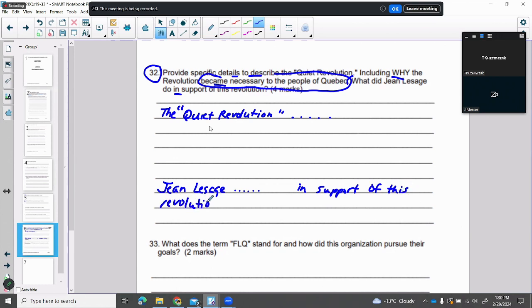Remember, he made, so this is just one of them, he made high school free. Remember, there were other things that he did in support of this revolution.